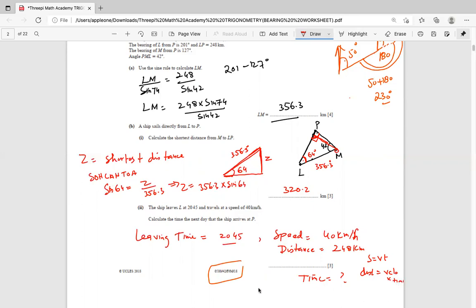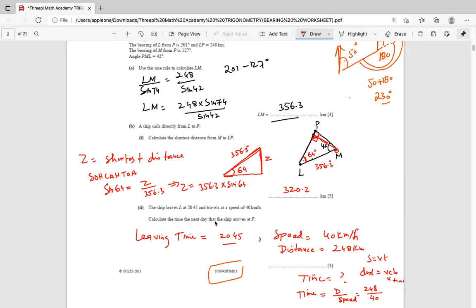So we will find time by dividing distance by speed or velocity. Distance is 248 divided by speed, which is 40. What's the result? 248 divided by 40 is 6.2.